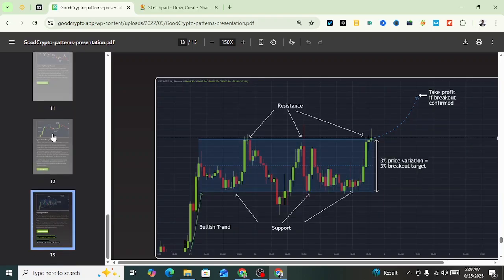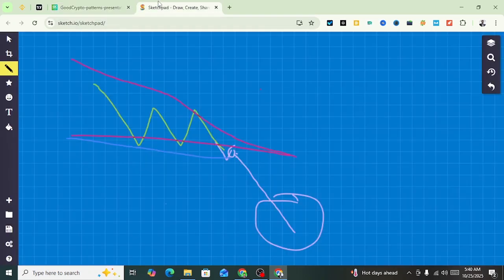So as I told you, the resistance area and the support area: if the market goes from under to the resistance area, you have to wait until the resistance area or support area is broken. When the support area is broken, you have to enter from here to go up. If the resistance or support area is broken, then you have to enter from here to go down. So firstly, you have to identify the resistance area and support area.